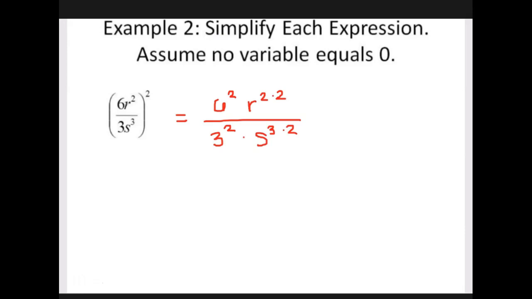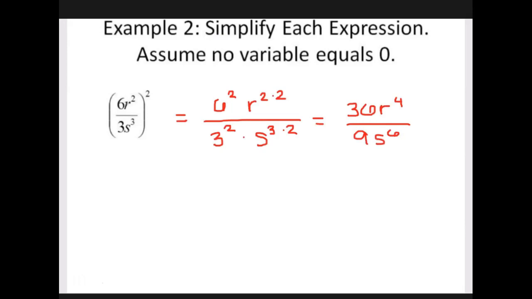So then we simplify our numbers and variables. So you get 36 r to the 4th, because 2 times 2. 3 squared is 9. And 3 times 2 is 6.